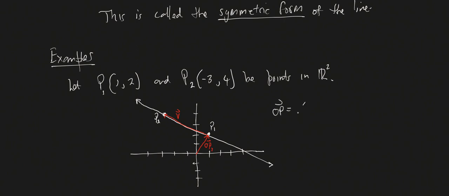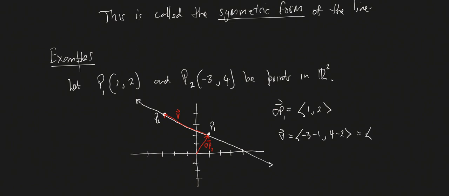So this is OP1. This is the vector (1, 2). And then let's now write down the direction vector of the line, V. That will be the vector that goes from P1 to P2. So that vector, the change in x, is -3 minus 1, comma, 4 minus 2.